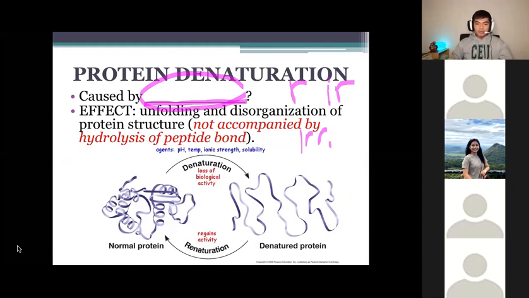Unless, meron tayong special process or special treatment na gagawin through renaturation wherein maibabalik natin siya into native conformation, but it's quite difficult. Okay? Pero generally you can classify protein denaturation as irreversible. Okay? Do you understand so far?